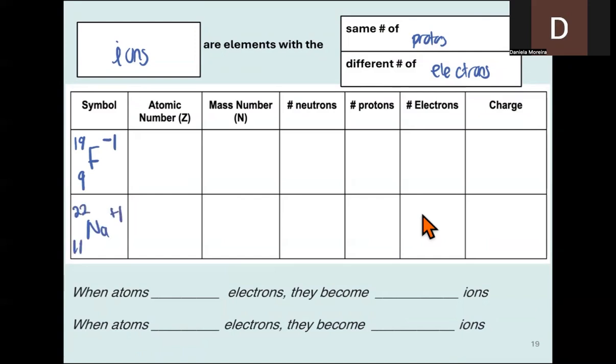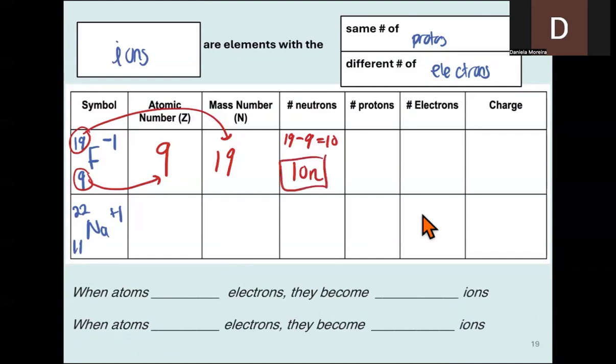These two examples. So now we get to practice. So the atomic number is 9. The mass number is 19. The number of neutrons is the mass number minus the proton number, which is equal to 10. So 10 neutrons. The number of protons is the atomic number.